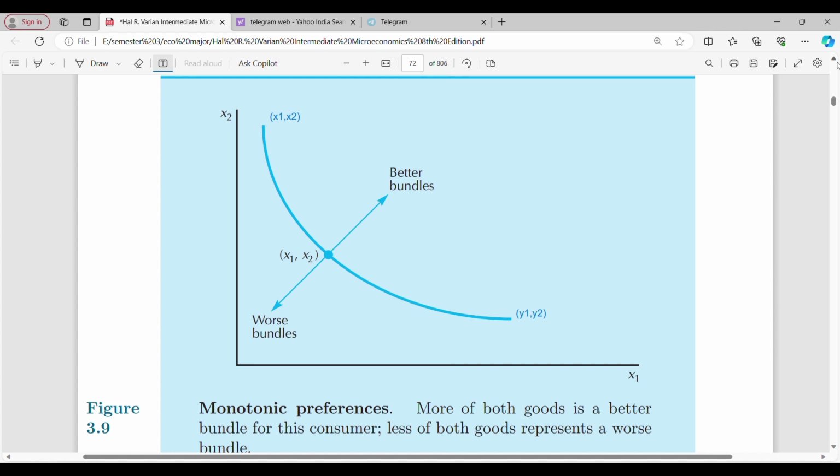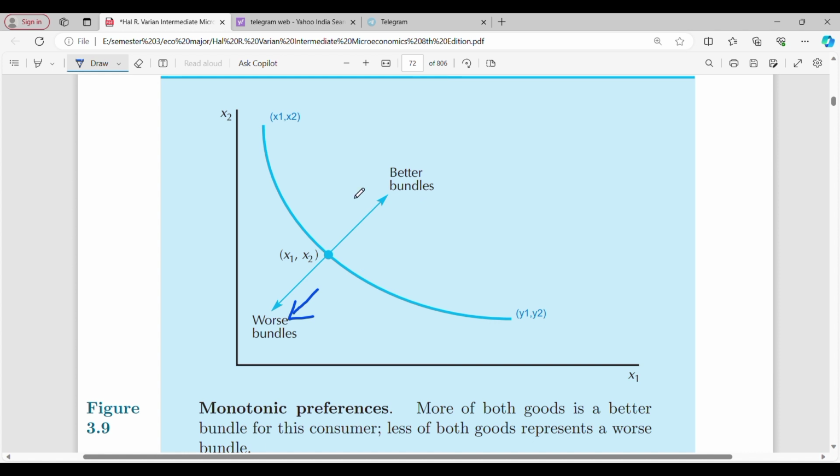If we move down and to the left, we must be moving to a worse position. And if we move up and to the right, we must be moving to a preferred position. So down and left means to here, a worse position.